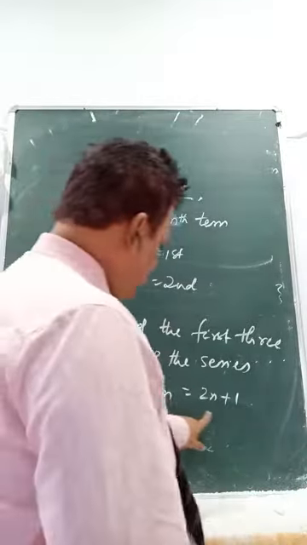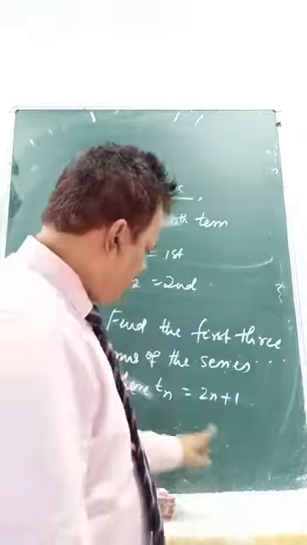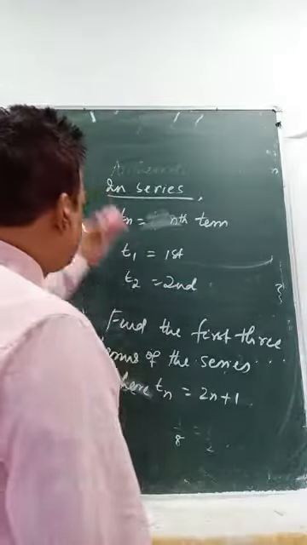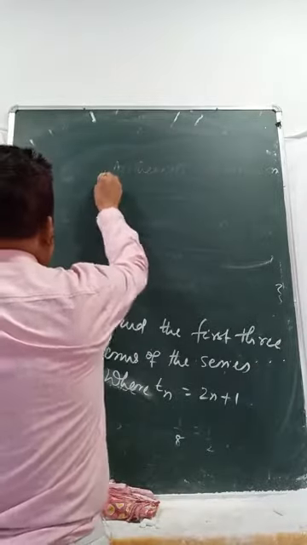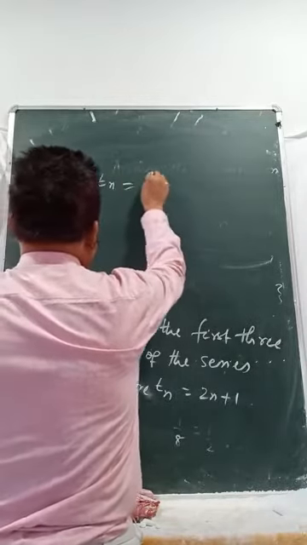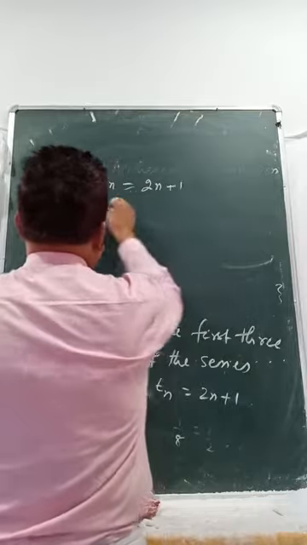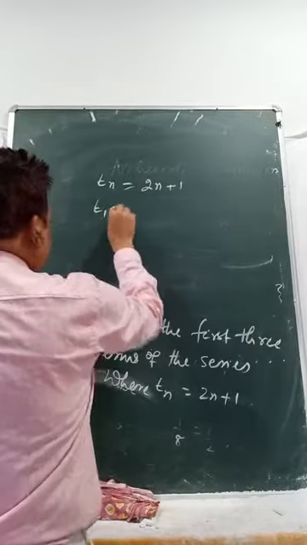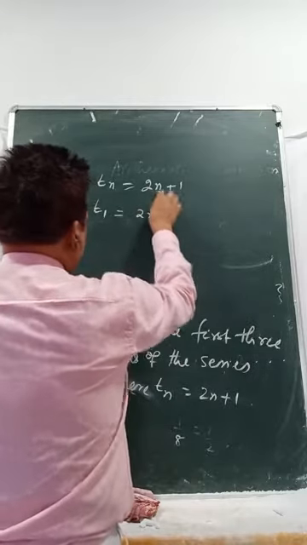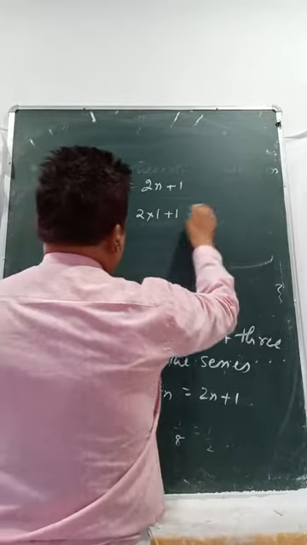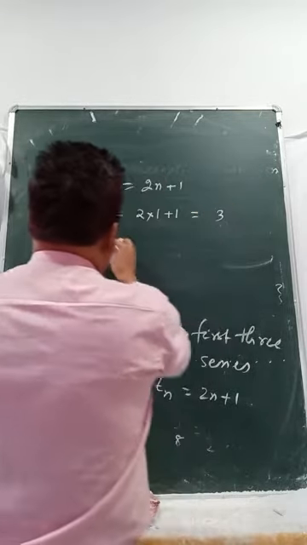That means a relation is given. From here you will find out its first, second, third. Look at here. Suppose Tn is 2n plus 1. Then what is T1? First term. Now 2 into 1 plus 1, that is 2 plus 1, 3.